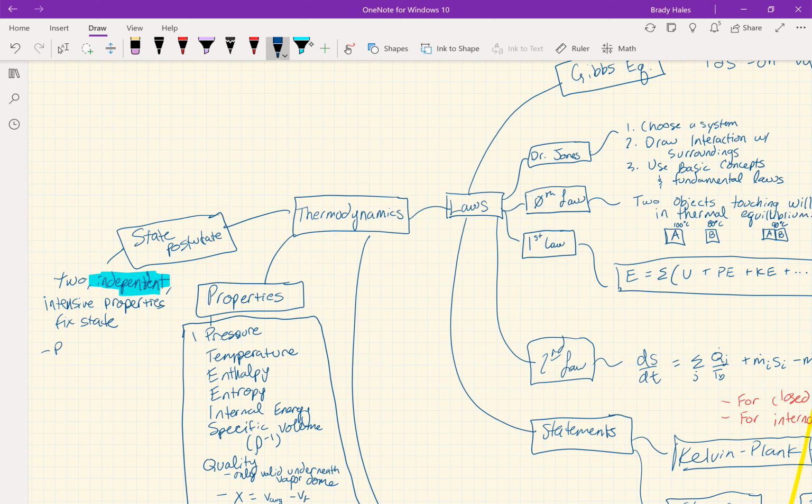What it means is that pressure and temperature under the vapor dome are not independent. To give you an example, I give you a cup of H2O at 1 atmosphere and 100 degrees Celsius.